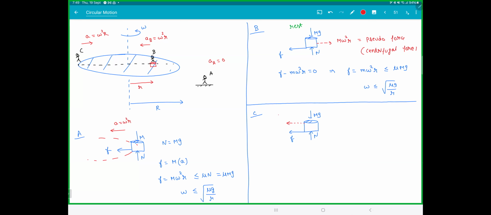This would be mass into omega square capital R. This is the pseudo force due to C. And this is also the centrifugal force. Did you see? Centrifugal force is not towards the center, not away from the center. It is towards in this case. And the magnitude is not m omega small r, it is capital R.